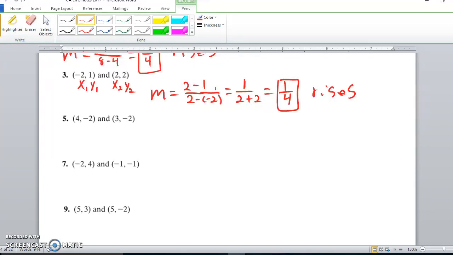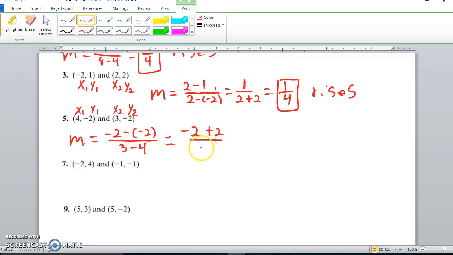So let's see, number 5, label it x1, y1, x2, y2. So here we go. m is equal to negative 2 minus negative 2 all over 3 minus 4. Well, on top, that's going to actually be negative 2 plus 2. On bottom, we get a negative 1.